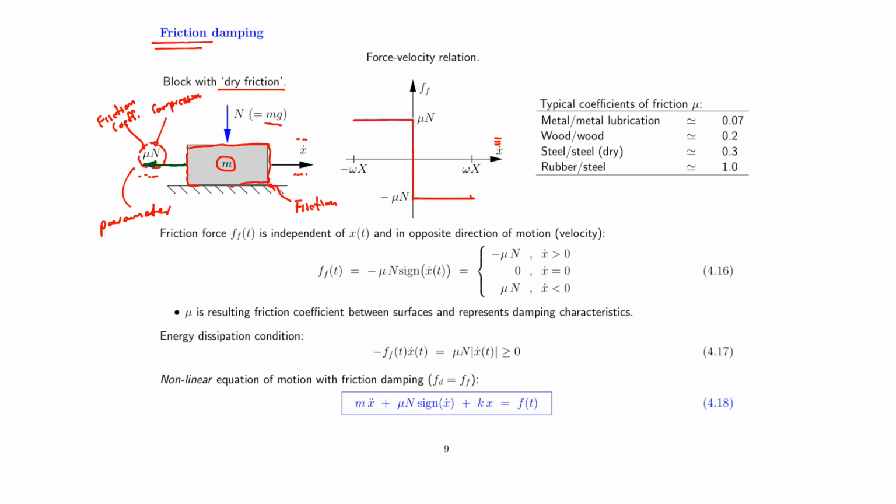In reality, you'll probably have some kind of smooth curve between the two regimes. We can put this in mathematical form because the friction force is opposite, that means a minus, the force, and the force is mu times n, and we'll have a so-called sign function to take care of the switching. So for positive velocity, the sign of x dot is equal to 1, whereas for negative velocity, the sign function is equal to minus 1.